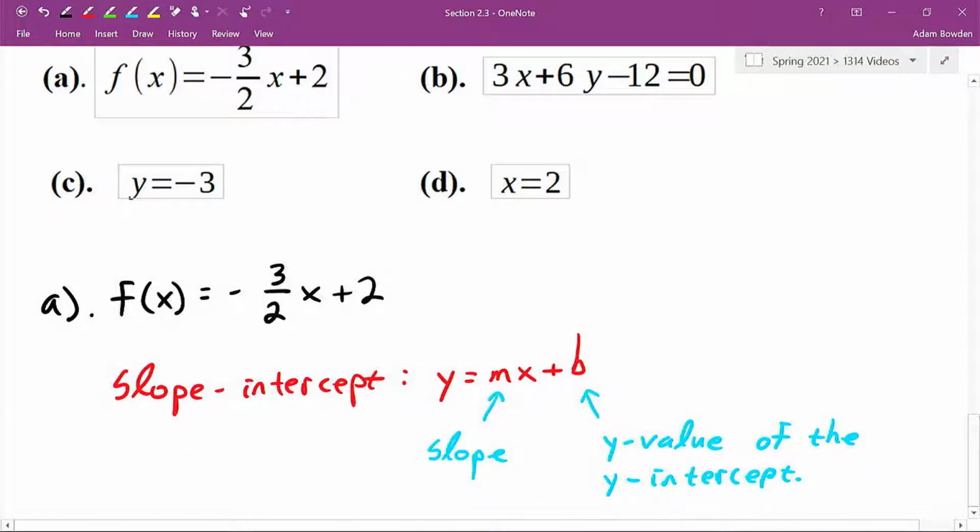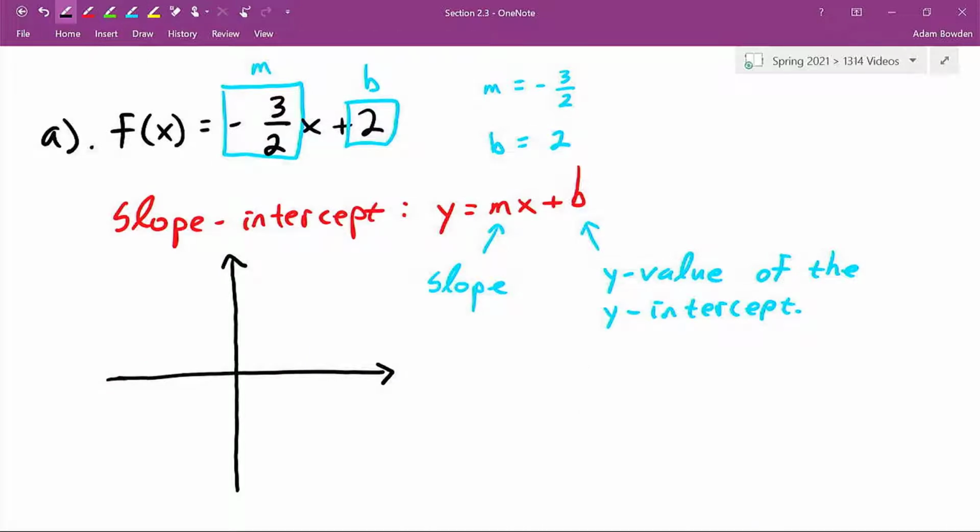If we look at this equation in slope-intercept form, the negative 3 over 2 would be our slope m. And 2 would be the number for b, so that tells us where the y-intercept is located. If we'd like to draw a quick sketch of this equation, we consider where the y-intercept is, which is at the point (0, 2). And then think about the slope as rise over run.